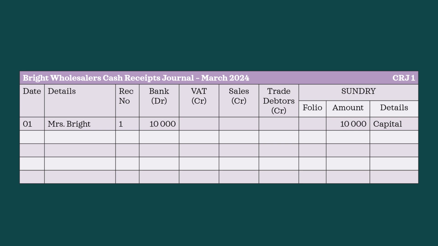So we know that we had 10,000 that was given to the company by Mrs. Bright. So the bank will increase with 10,000, and it's not a VAT account. We didn't sell anything and we didn't lend anything, so it's under sundry for 10,000 for capital.